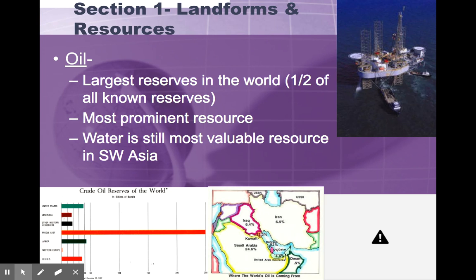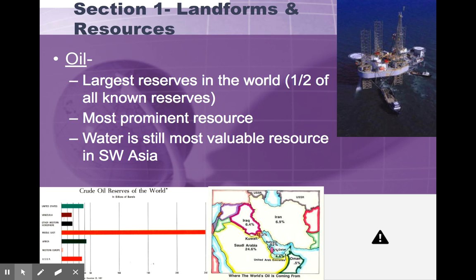They get money there. That's what makes the United Arab Emirates, and specifically Dubai, so very rich, because of the oil that flows in this region. Oil is the most prominent resource. It's what they have the most of, because the climate's so bad they don't have a lot of other resources. It's also the one that makes them a lot of money.